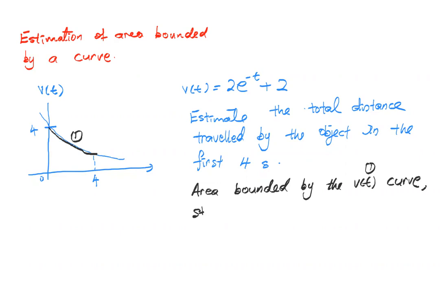Straight lines t equal to 0, this is the second one. t equal to 4, this is the third one.